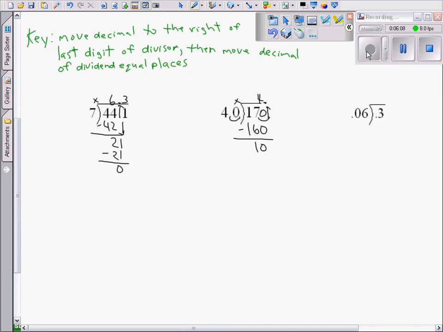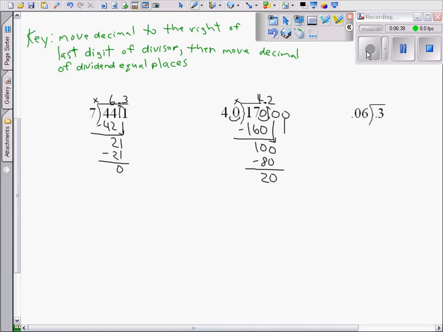That gives us 10. 10 cannot be divided by 40 evenly, so we need to start adding zeros to the right of the decimal. Bring the 0 down. 100 divided by 40, 2. 2 times 40 is 80. Subtract 80 from 100. 20. 20 cannot be divided by 40 evenly.